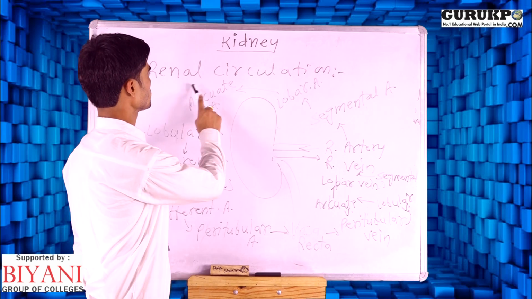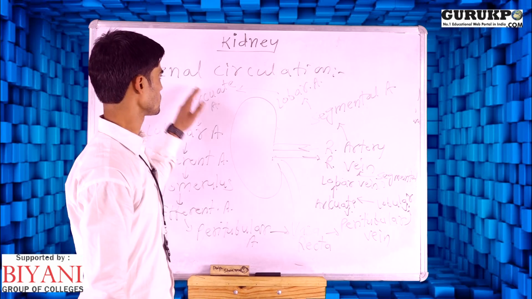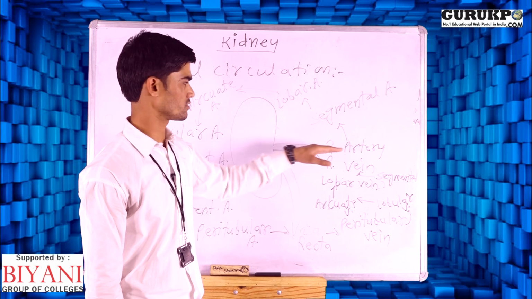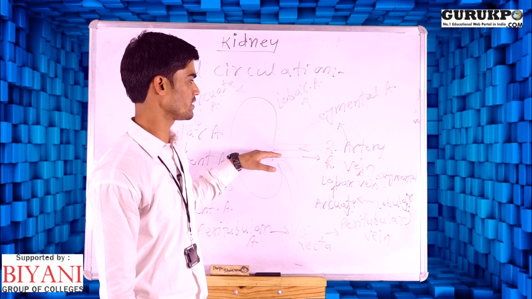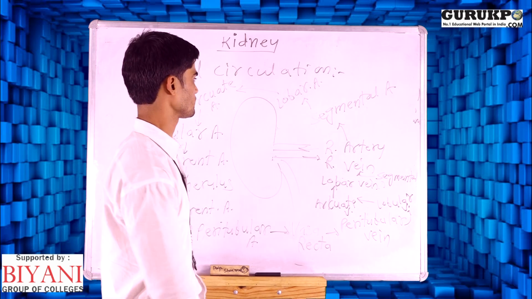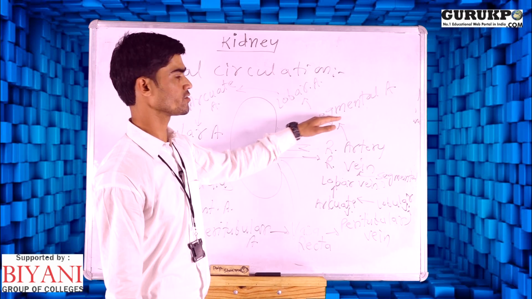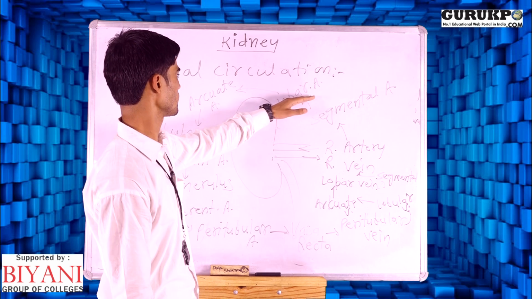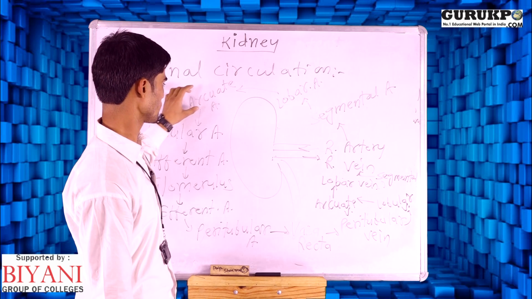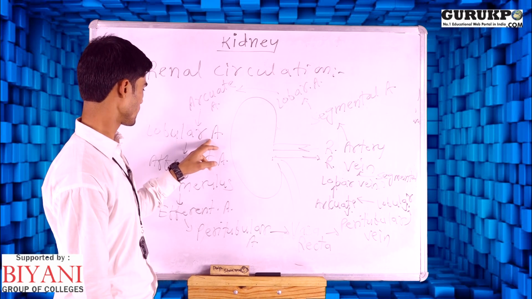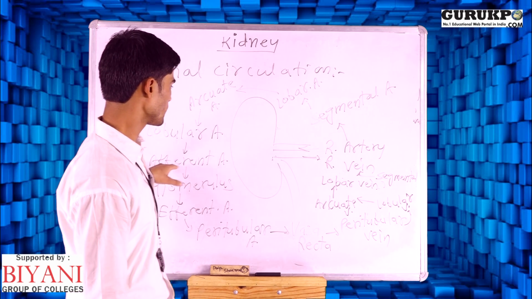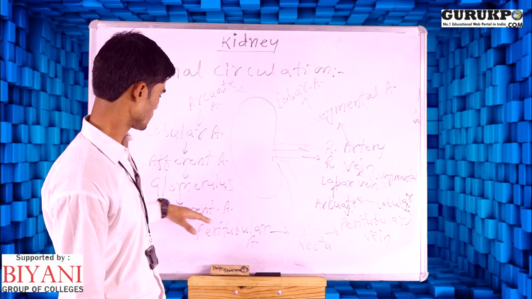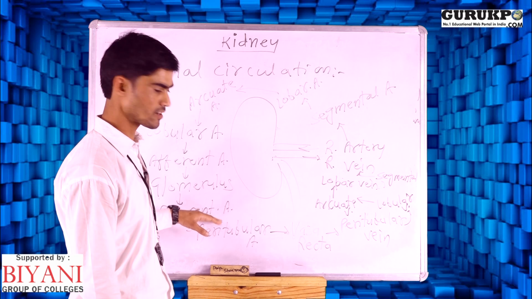Now the renal circulation or circulation of kidney. First, renal artery supplies the oxygenated blood. Renal artery is divided into segmental arteries. Segmental artery is divided into lobar artery, then arcuate artery, lobular artery, then afferent arteriole. Next one is glomerulus, and next efferent arteriole.